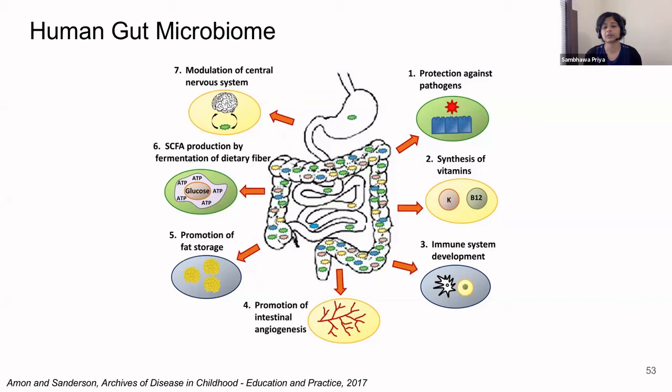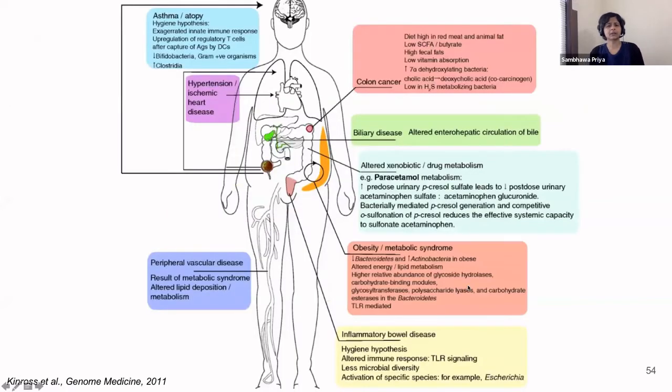This complex community of gut microbes plays a critical role in maintaining human host health, and any perturbations in the gut microbiome have been associated with several human diseases, as you can see here: obesity, type 2 diabetes, colorectal cancer, and inflammatory bowel disease.